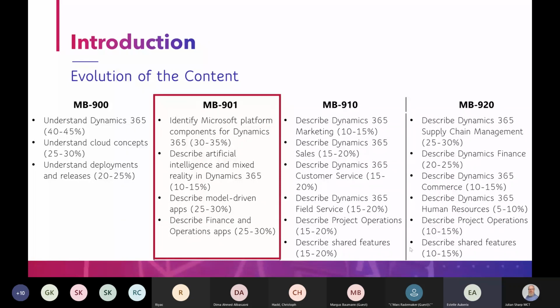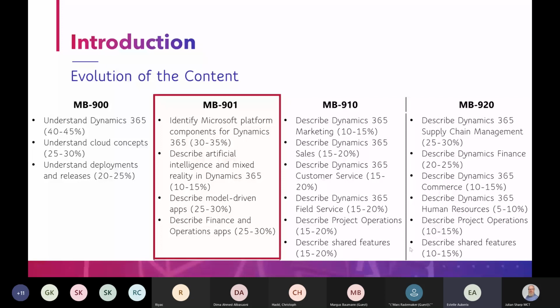And the second point is how to describe artificial intelligence and mixed reality in Dynamics 365. So it's focused on Dynamics guides or Dynamics assets. And describing the model-driven apps. So that's the relation with the Power Platform. Never forget that Power Platform was originally created for Dynamics 365.